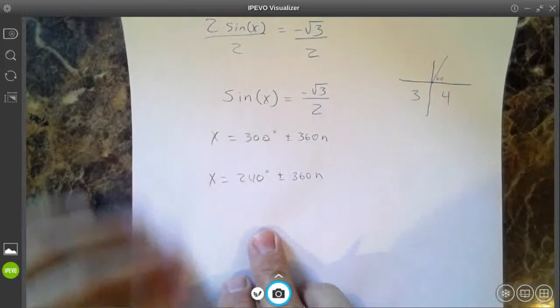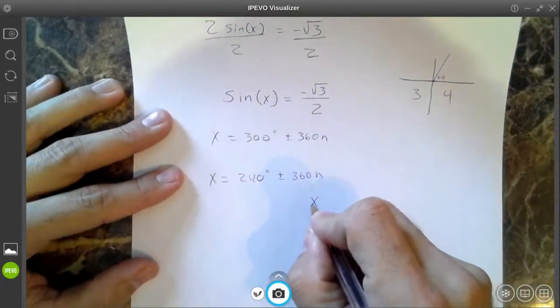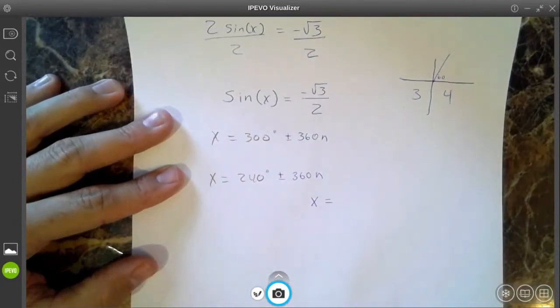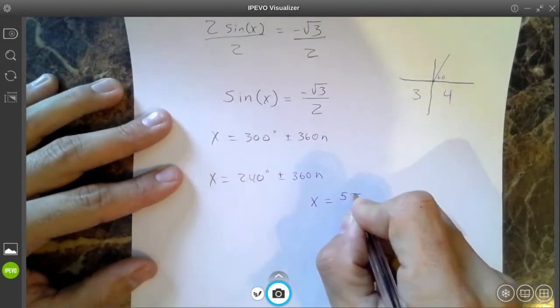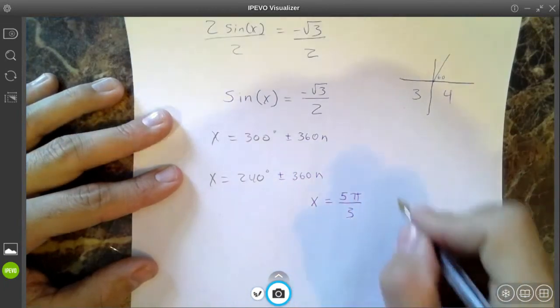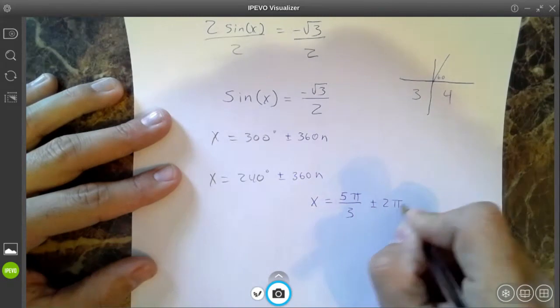If you wanted that in radians, what would that be? 300 degrees. I feel like that would be a 5 pi over 3. 5 pi over 3 plus or minus 2 pi n.